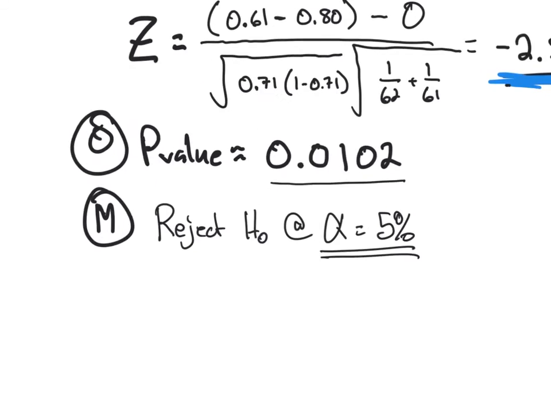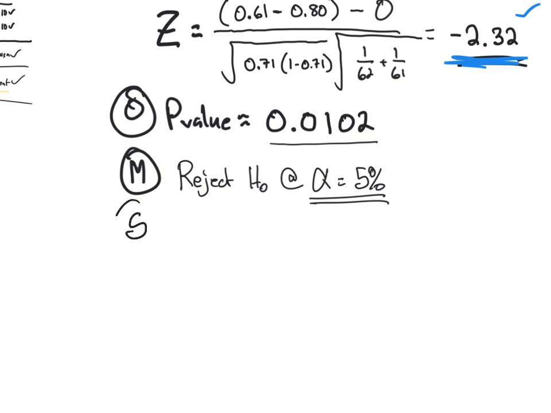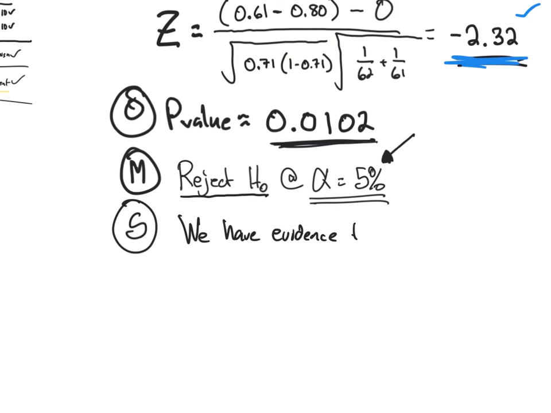Alpha is 5%. Technically, you can use anything you want. If you choose to use 1% here, you need to fail to reject because your p-value then is slightly bigger than 1%.